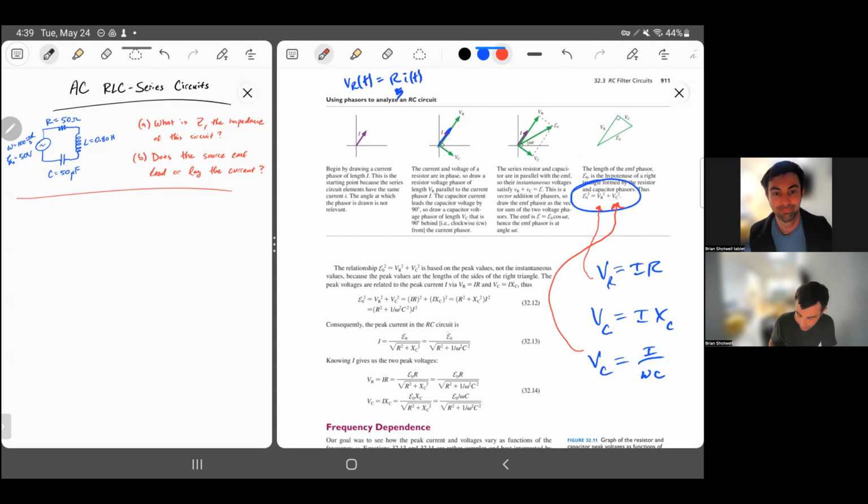And solving for I, you can get this right here. So this is the current in the circuit, I, as a function of the source peak voltage and all this other stuff. We also write this as E over Z, where Z is called the impedance of the circuit.